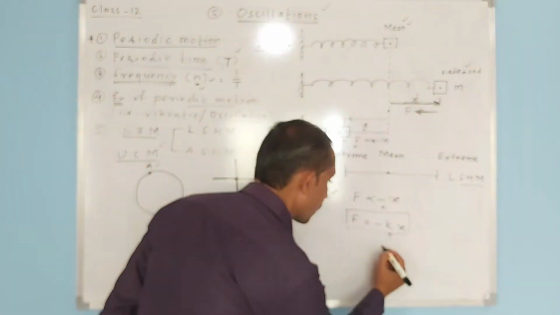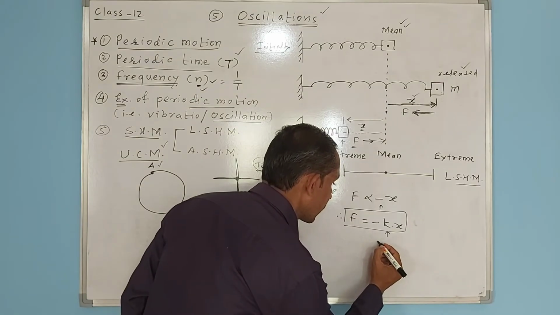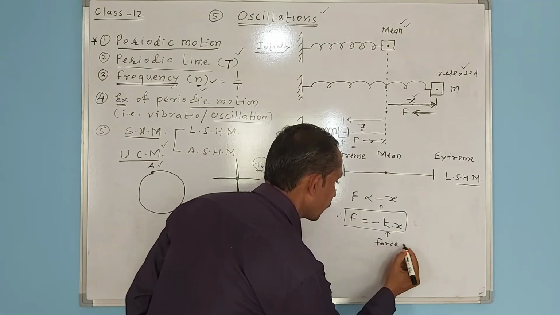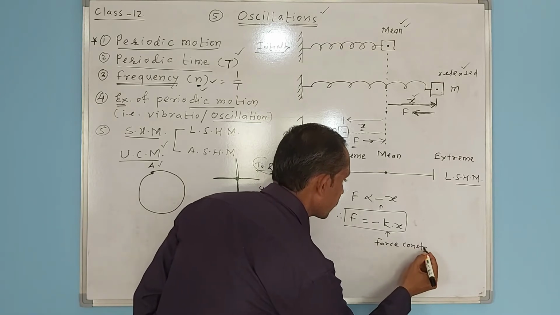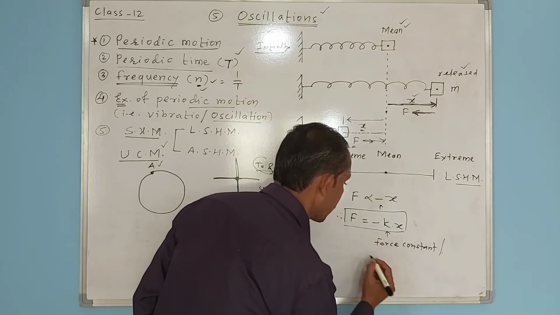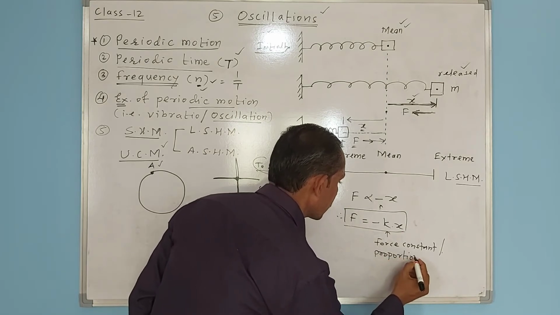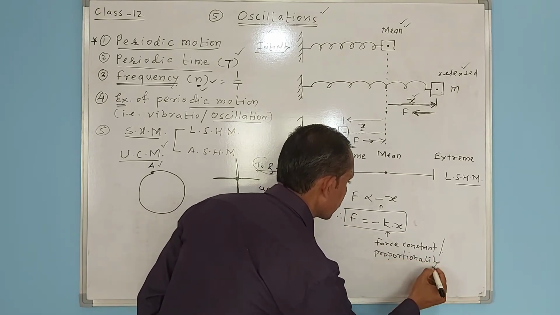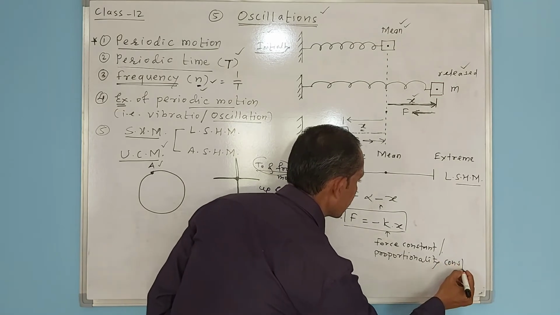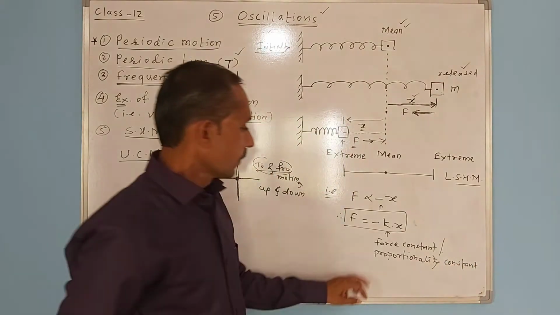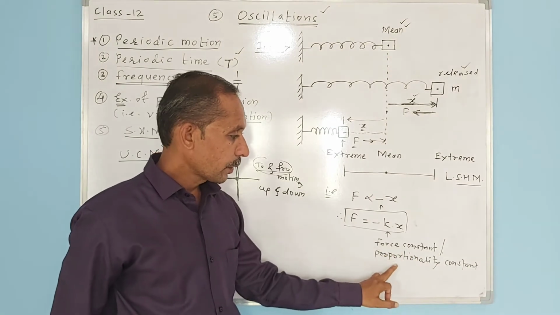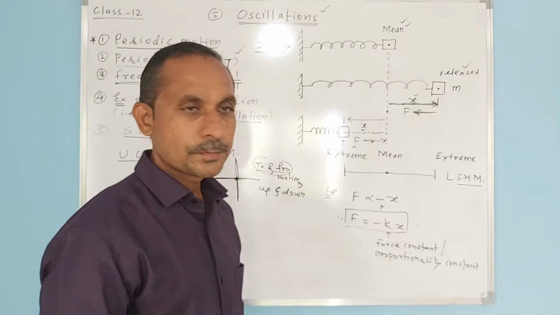K is the constant, that is called as the force constant or proportionality constant.